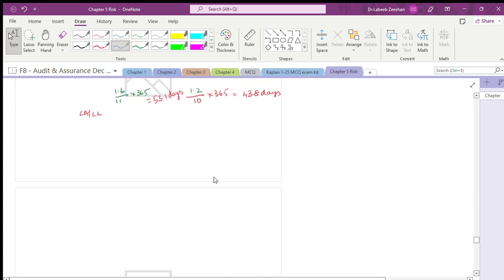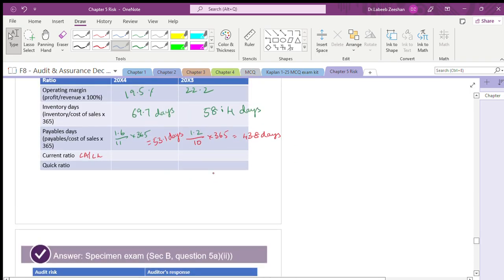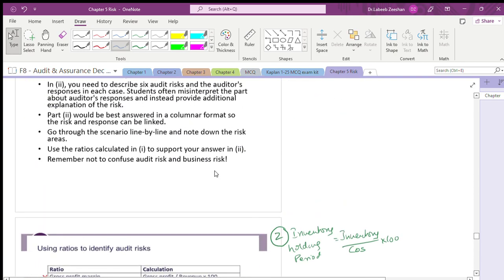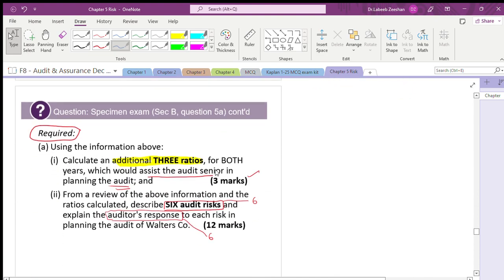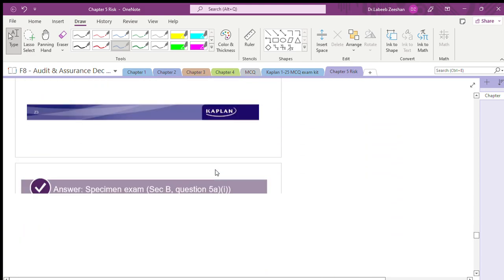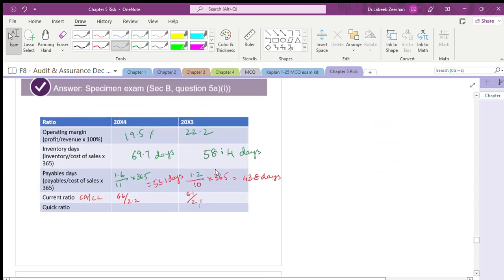Just help me out. 6.6 divided by 2.5, and 1.6 divided by 1.2, sorry.